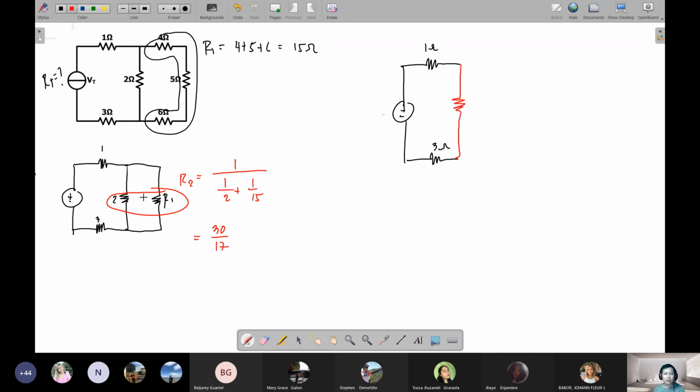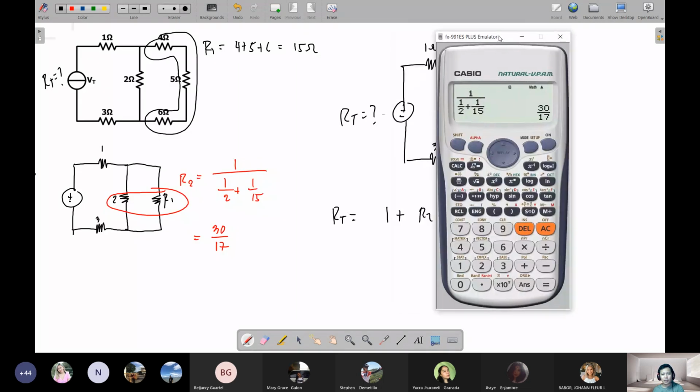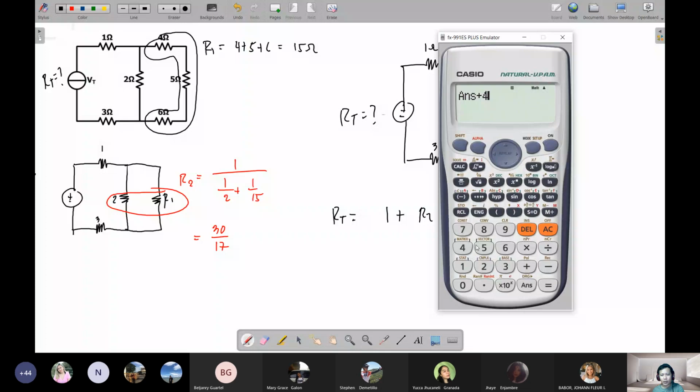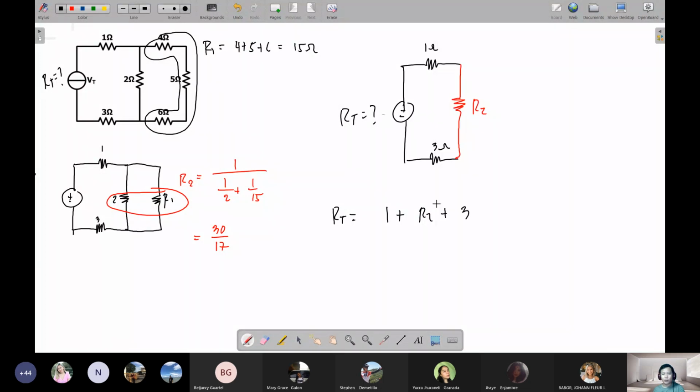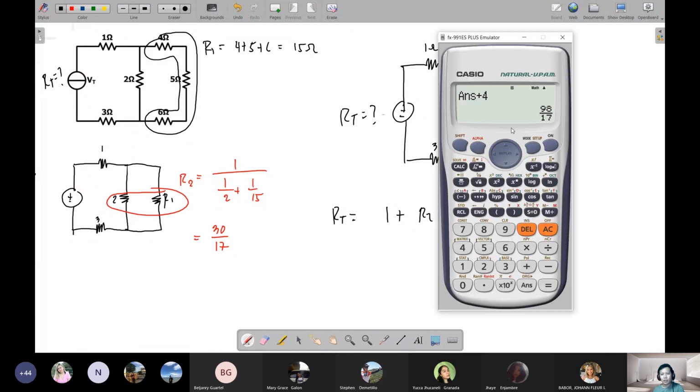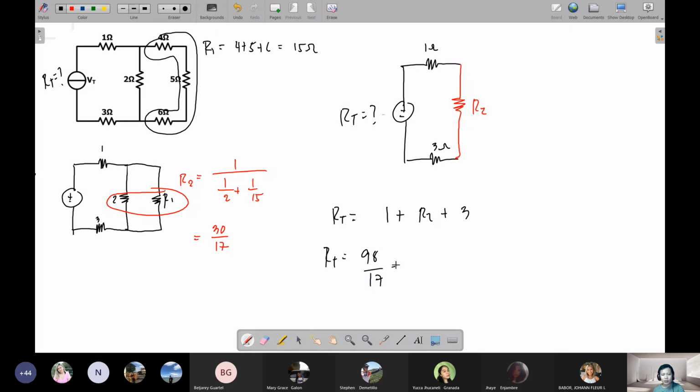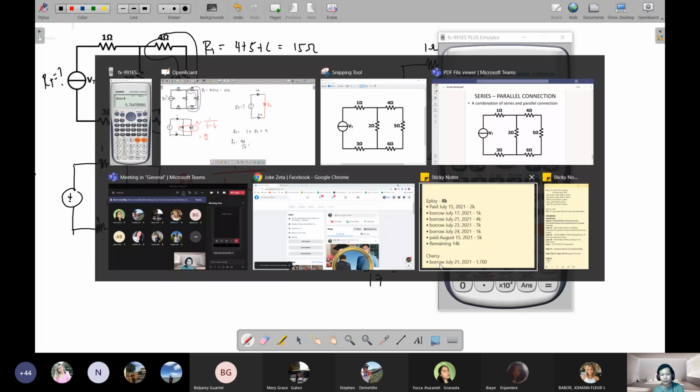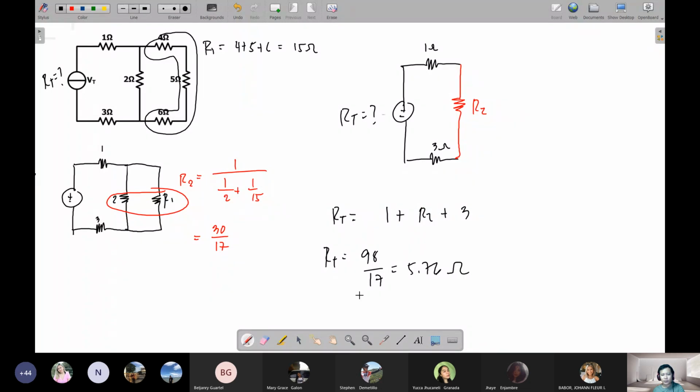This one is a single resistor, R2. So the total resistance will become 1 ohm plus R2 plus 3 ohms, or 30 over 17 plus 4, since 1 and 3 make 4. So that is 98 over 17. Our total is 98 over 17, or in decimal, 5.76 ohms.